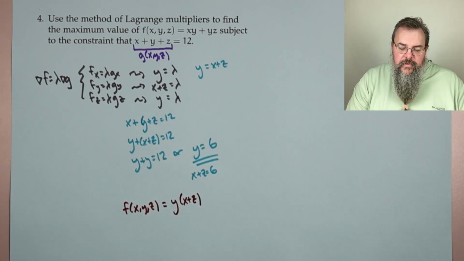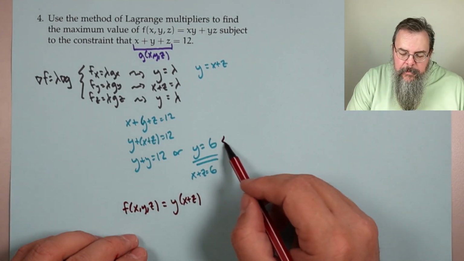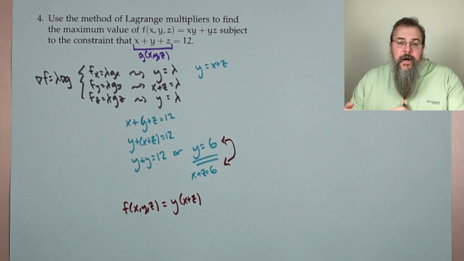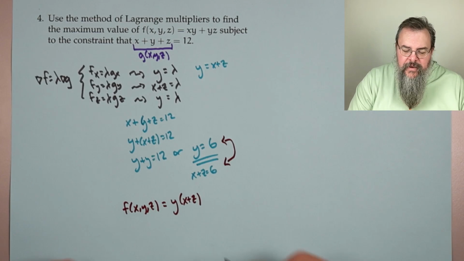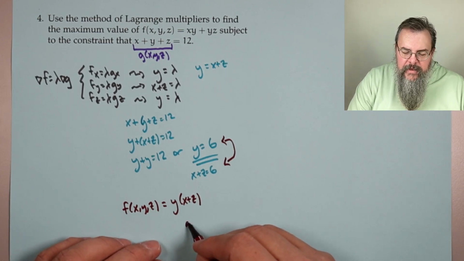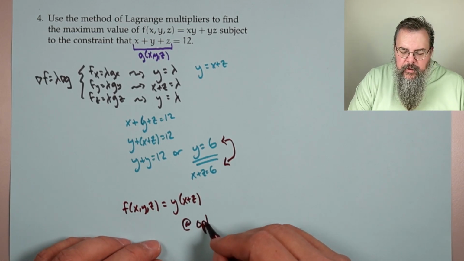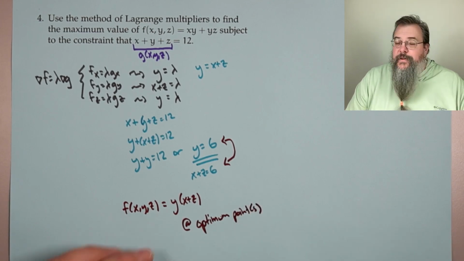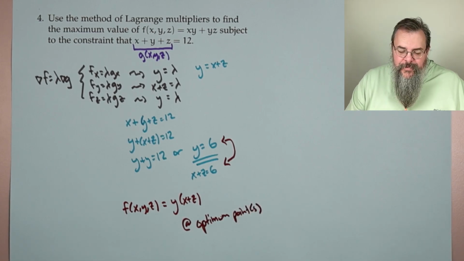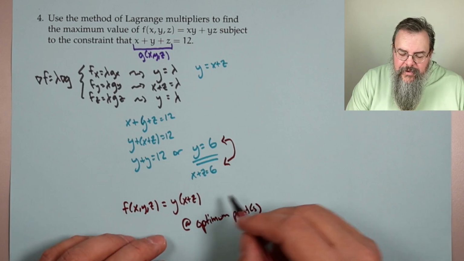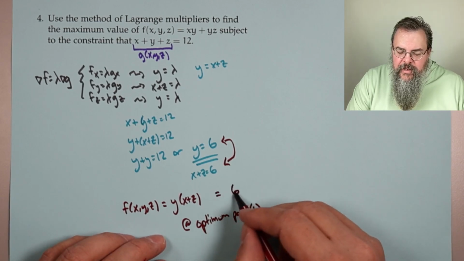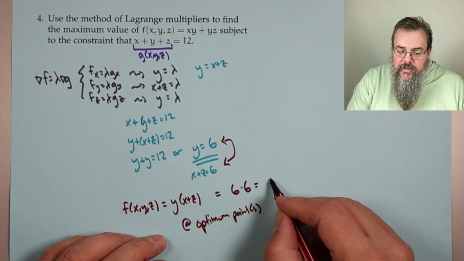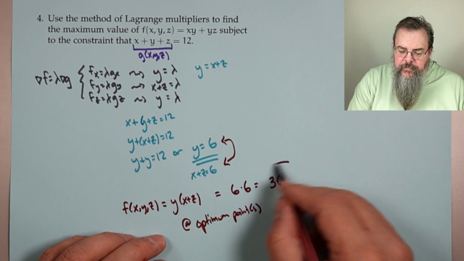So we've discovered that at the optimum, both y and x plus z equal 6. So at the optimum points, and in fact, it's not a single point, there's infinitely many points where x plus z equals 6, this is going to be equal to 6 times 6, which is 36.